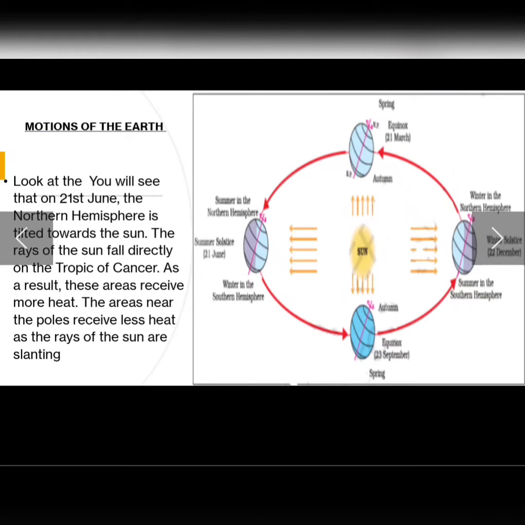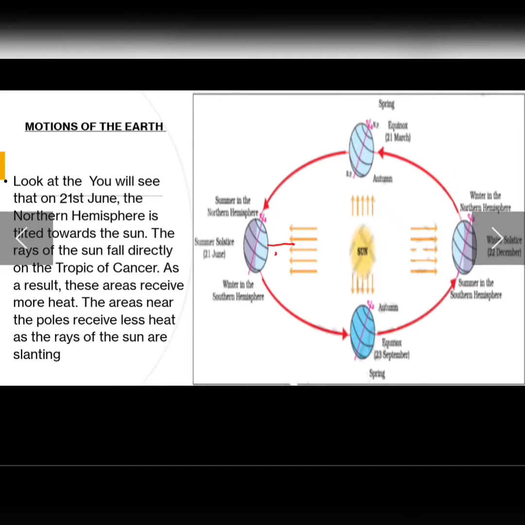Class, I hope you can see the image on the right hand side. As you all see, this is the shape of the earth, and here there is a northern part which is the brighter side. We can see that this northern part is slightly tilted towards the sun, and as a result, the sunlight is falling directly.